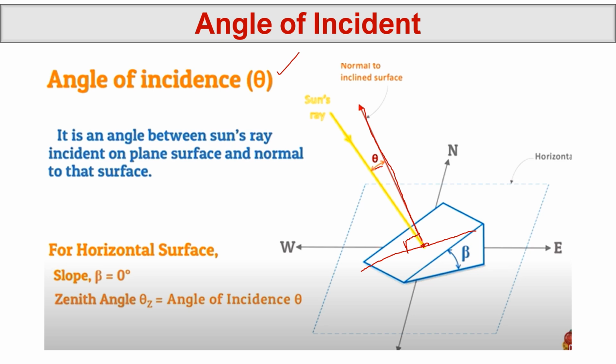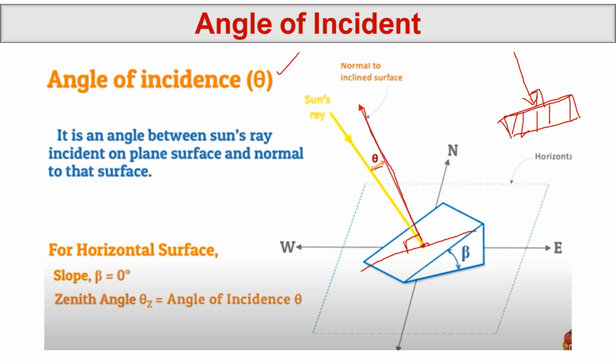So why is theta important? We always say that if the solar radiation falls on a panel at 90 degrees, perpendicular to the panel, then we can get the maximum output from the panel. This is your PV panel. Let's say the solar radiation falls at 90 degrees with respect to the panel, then we will get the maximum output.